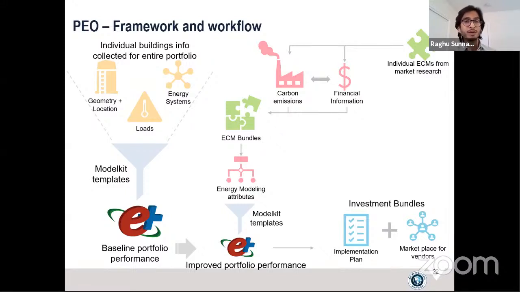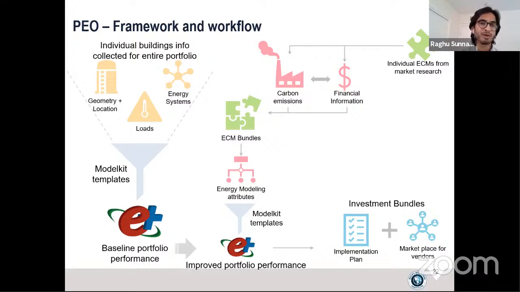Once we have all of these bundles ready, for each of these ECMs there are specific modeling attributes that we identify, where we're then able to gather the specific required attributes from the market solutions, which are then repopulated into the baseline model.